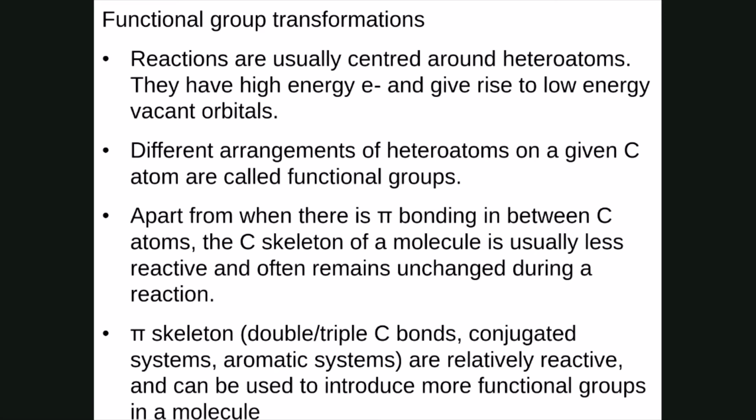Different arrangements of atoms in an organic structure, repeated over and over again in different molecules, are called functional groups. Typically the carbon skeleton of a molecule is less reactive and will often remain unchanged during an organic reaction, and what will change is the bonding to the heteroatoms.